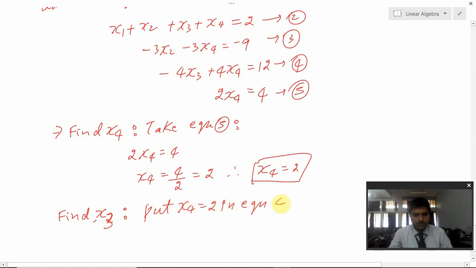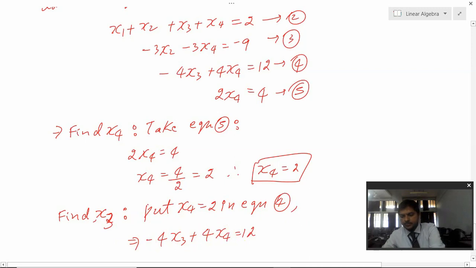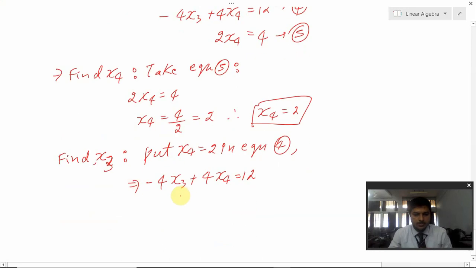Which equation should I put? 4. So put 2, you can see that equation 4 is what? Minus 4x3 plus 4x4 is equal to 12. Just put x4 is equal to 2. Okay, no problem. So just put minus 4x3 plus 4 into 2 is equal to 12.